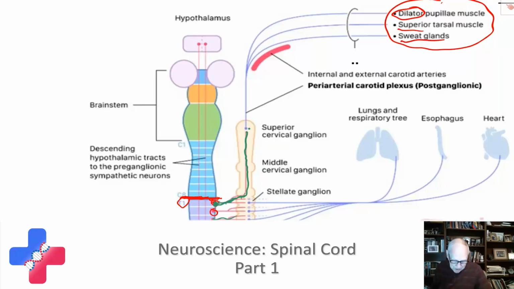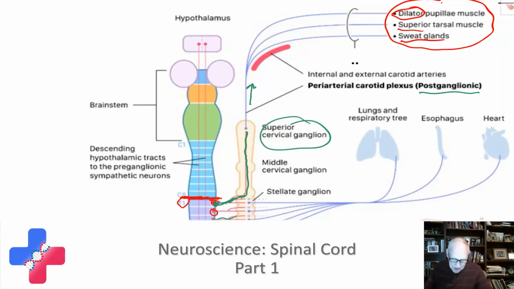And notice these preganglionic axons go without interruption up to the superior cervical ganglion, which is the most cranial of the ganglia. And there you have a synapse. The synapse there, of course, is to the postganglionics, and notice the postganglionics are indicated there by blue. These fibers leave the chain and then make their way into the head.